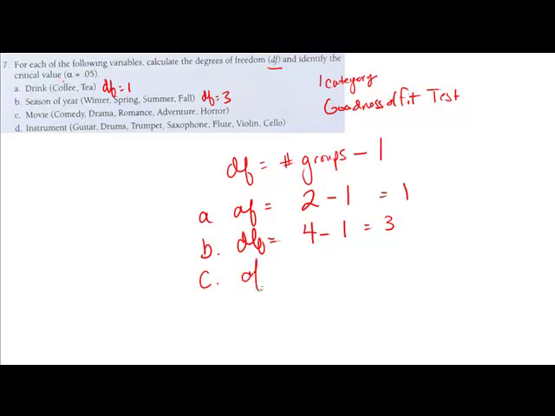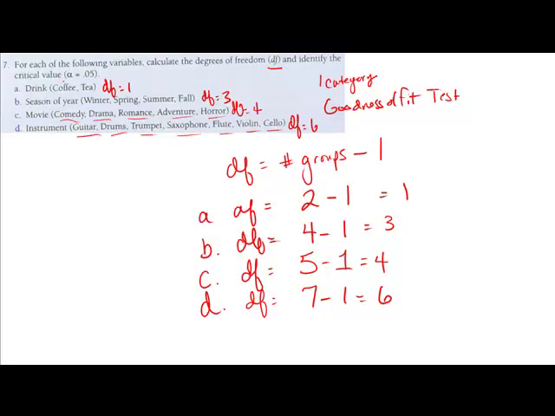For C, I have 1, 2, 3, 4, 5 types of movies. Leaves me with 4 degrees of freedom. And lastly for D, I have 1, 2, 3, 4, 5, 6, 7 instruments. Leaves me with 6 degrees of freedom.